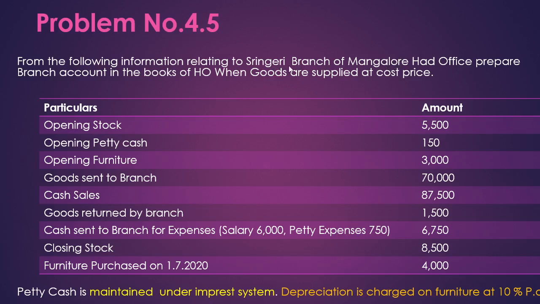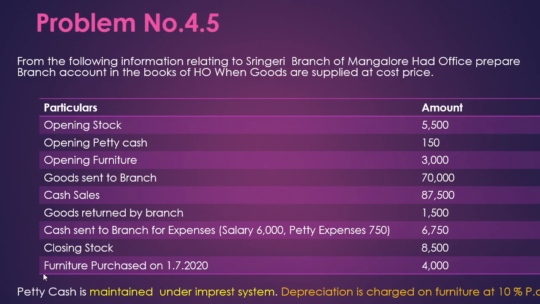And you are going to prepare Sringeri branch account in the books of Mangalore head office. And one more thing that you should confirm is the goods are supplied at cost price. So this is important to note. If the goods are supplied at invoice price or at sales price, the method of solving the problem will be different. So here, no worries because the goods are sent at cost price.